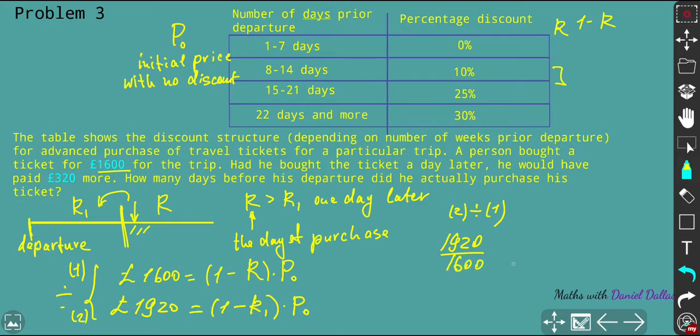If I do that, we'll have the ratio 1.2. So this ratio is 1.2. And because P0 and P0 will be cancelled, we'll be left with 1 minus R, and here 1 minus R1.